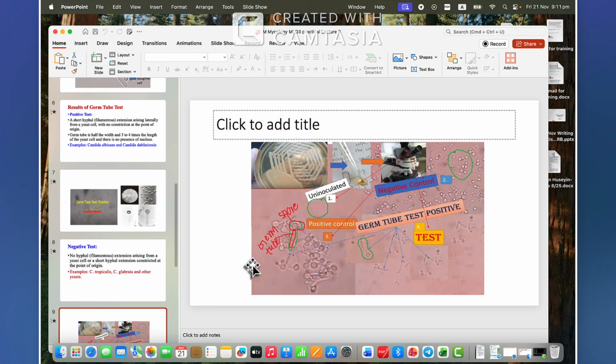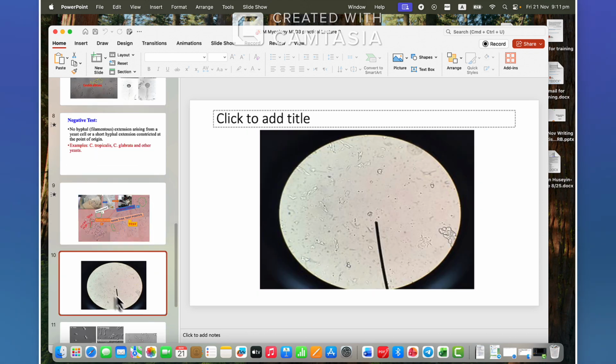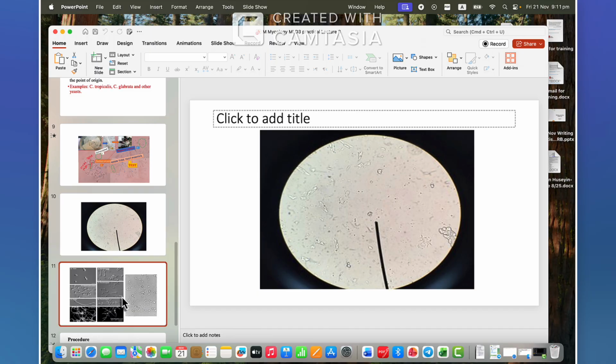Again, in the same slide you find the positive and negative. Look, this is the positive, and the others are negative. Again, under the microscope, you will find it like this.